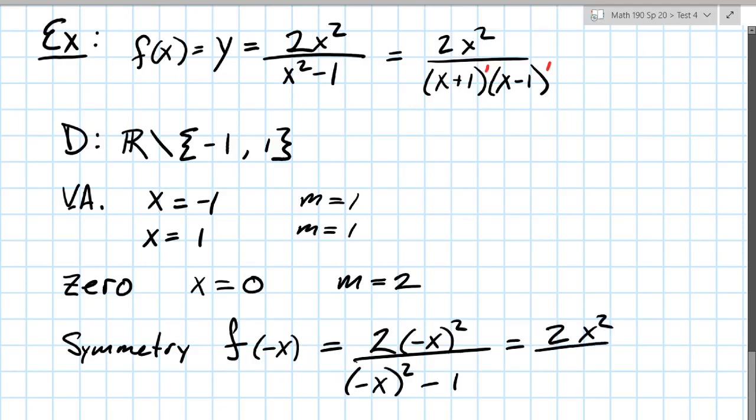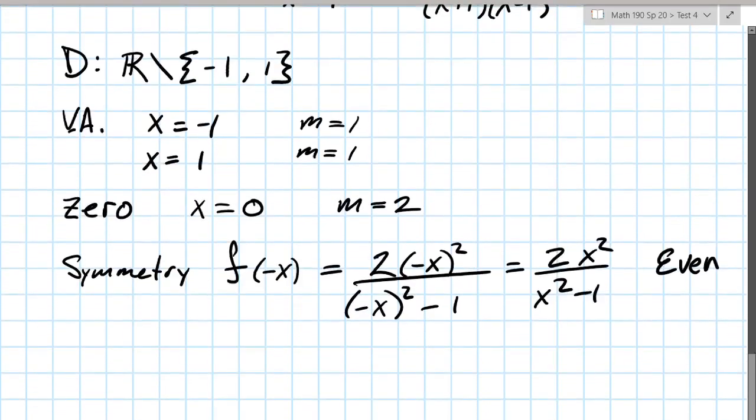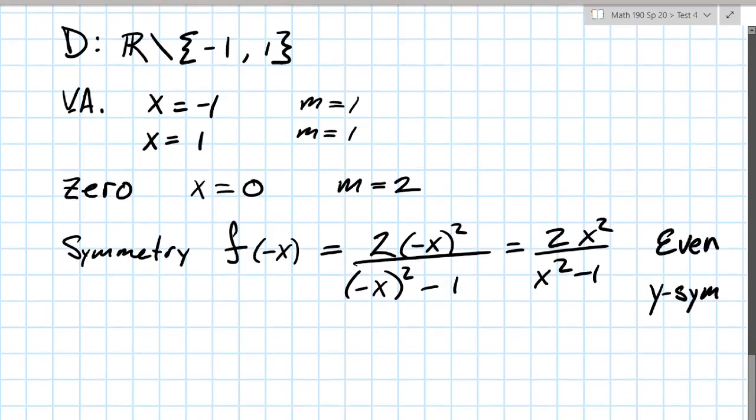I am left with the original function, and an even function has y symmetry. So really we only have to worry about half of this graph from 0 to infinity. But I'll probably forget and go from -infinity to infinity anyway. Okay, so we have vertical asymptotes, zeros, symmetry.